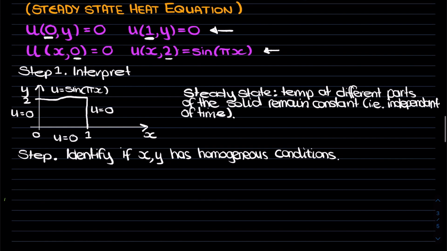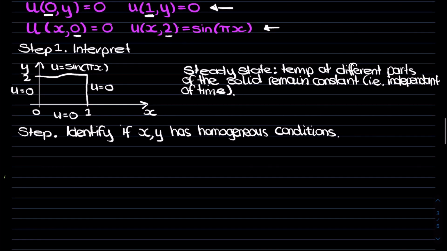This is just going to affect how we write our ordinary differential equations. I will show you what I mean by that when we get to it. So that was step 1.